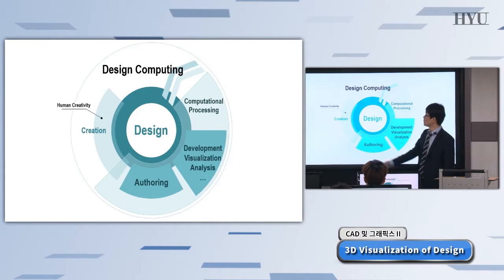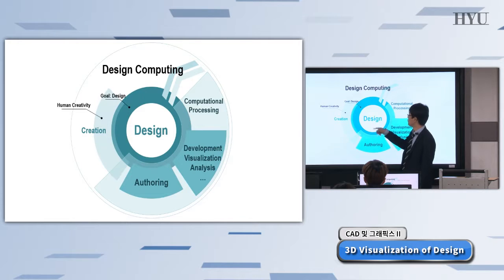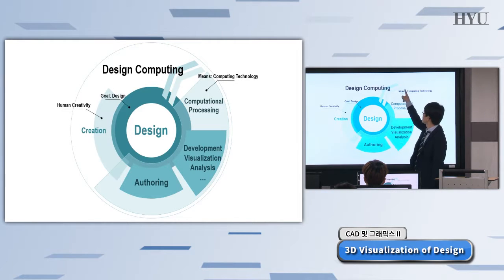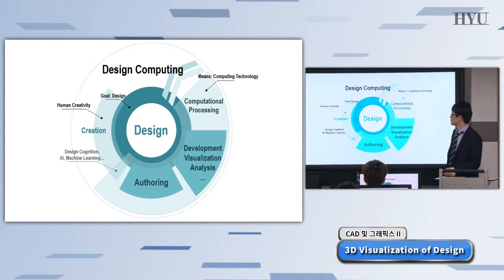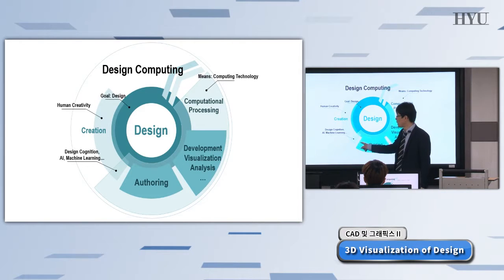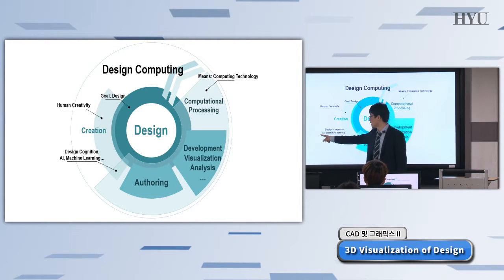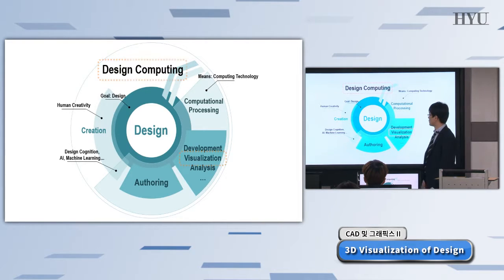Anyway, the human creativity area and our goal means computing technology, not just 3D Max, okay? That's important, another issue. So this overlapped part is design cognition, AI, artificial intelligence, machine learning area.